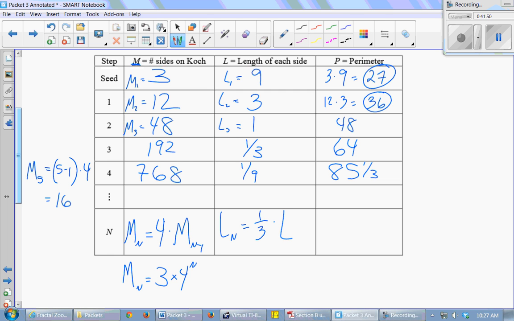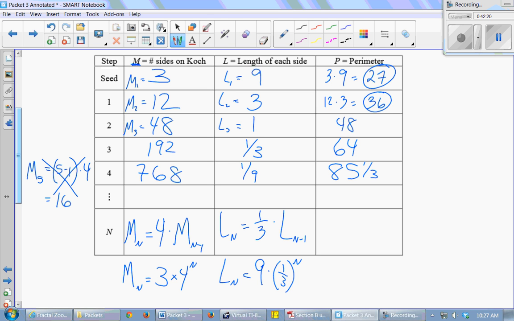So the previous number in the list would be L sub n minus 1. All right, and if I wanted to write this explicitly, I would say we'll start with 9 and multiply by 1/3 over and over again, which you notate with an exponent.